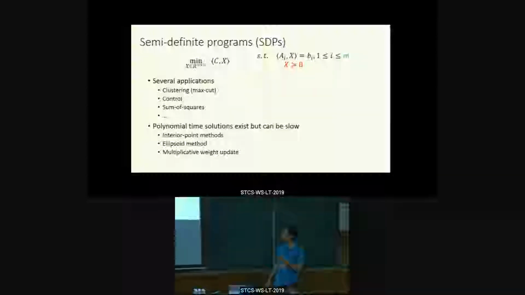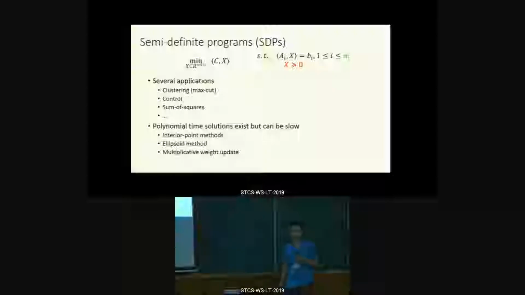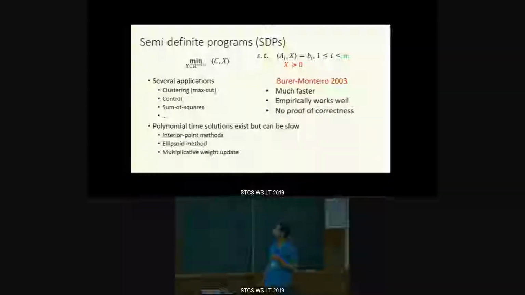While all of these are polynomial time algorithms, they still do not scale to very large data sizes. Motivated by this problem of scaling, of being able to solve semi-definite programs on really large data sizes, Burer and Monteiro in 2003 came up with a new approach which is much faster, and empirically they demonstrated that on several standard problems like maxcut and so on, their approach works very well.